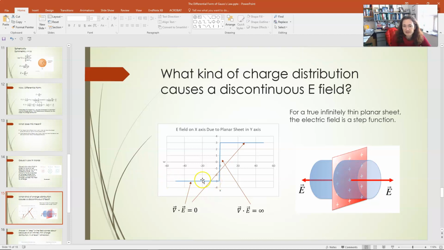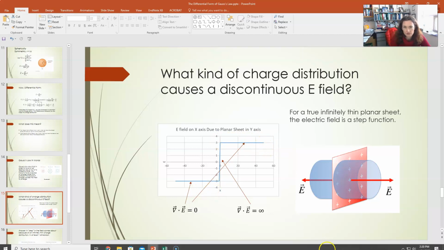The derivative of that line is 0. Remember, rise over run. There is no rise, so the slope is 0. The slope is also 0 to the right for x greater than 0. In that case, I also have a flat line, and so the slope of that line is 0, and so that means that the divergence is 0 over there. So 0 and 0.